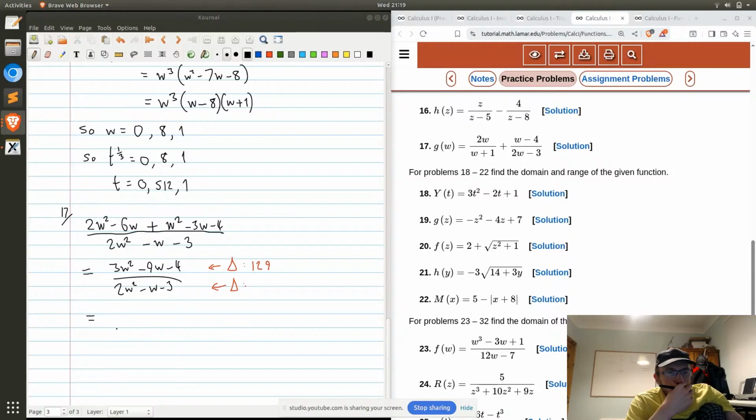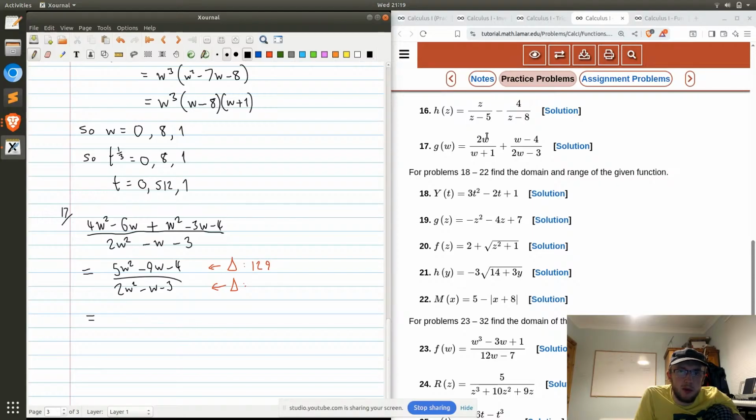But as for the numerator, did I multiply that out right? 4w squared take 6w. That's what that should be. 4w squared. That's better. And so now that will become 5w.